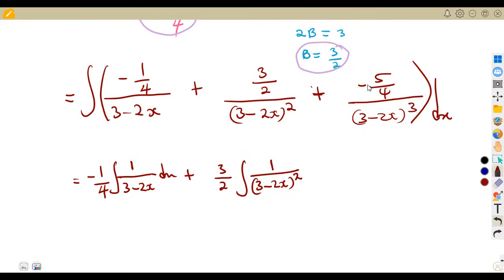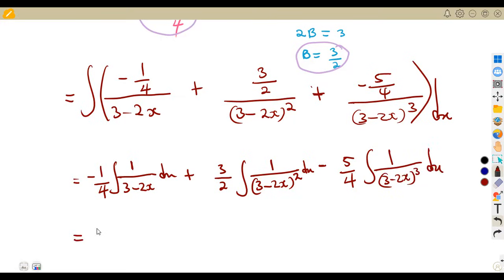Right, then you have got minus 5 over 4, so you're going to take the minus 5 over 4 like this, the integral of 1 over 3 minus 2x to the exponent of what? Of 3, with respect to x.